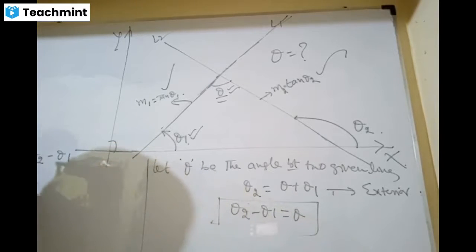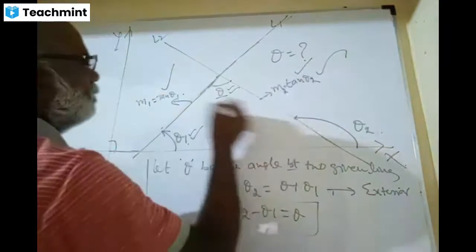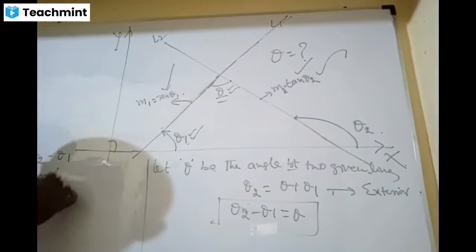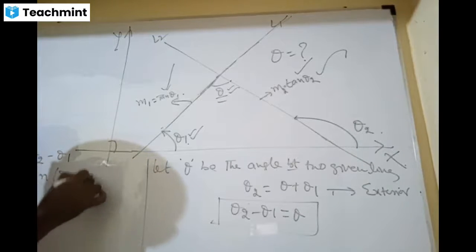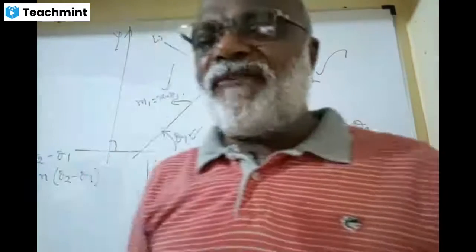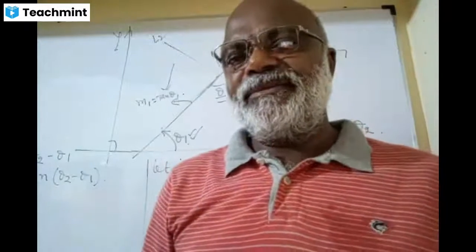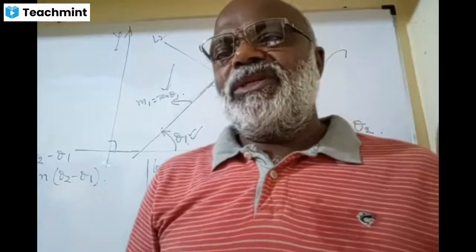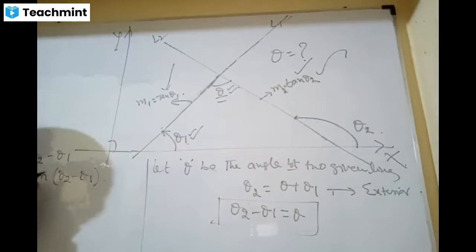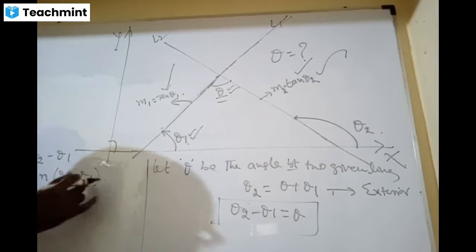Apply tan on both sides. Tan of θ2 minus θ1. Is trigonometry done in school for all? What is the formula for tan(A minus B)?